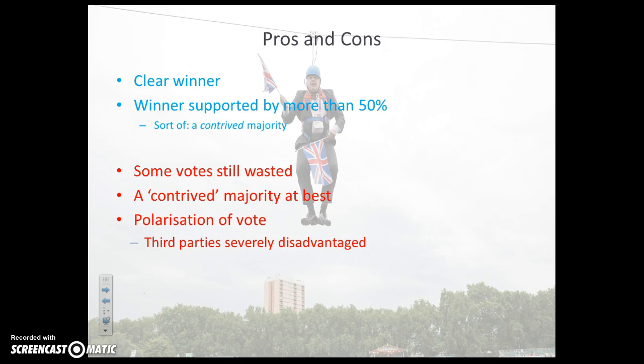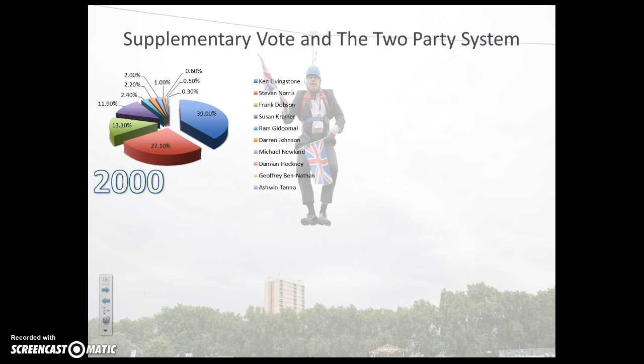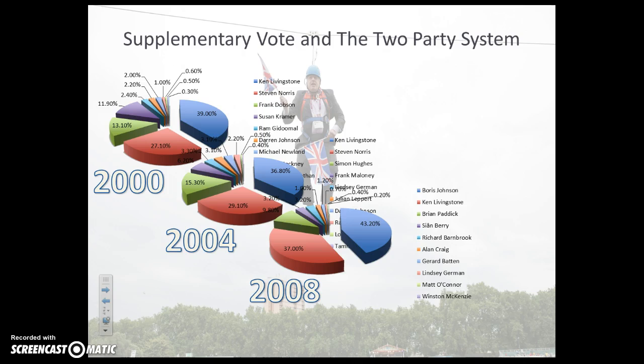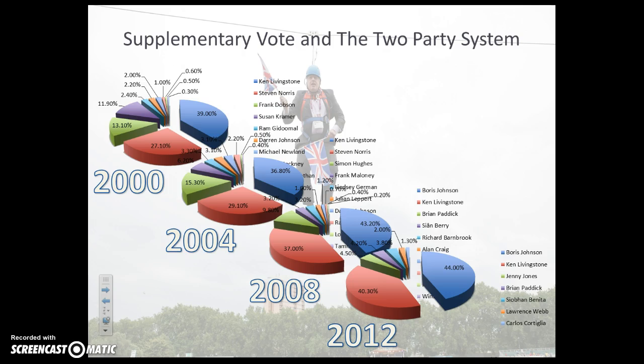But perhaps the biggest issue with the supplementary vote is that it disadvantages third parties. The easiest way to show that is probably with an example. Now, this is 2000, the mayoral election in 2000. Here is the 2004, 2008, and there's the 2012, sorry about that. And what we can see here in each of these, this slice of the pie for the also-rans gets smaller each year because people realize that voting, certainly for these guys first, is a waste of time.